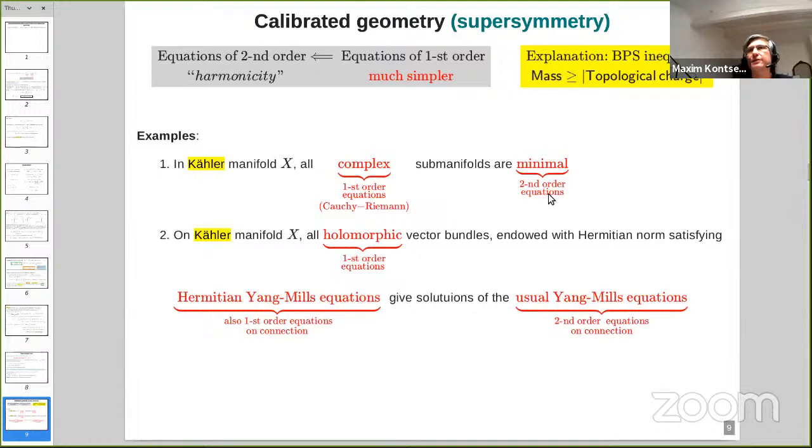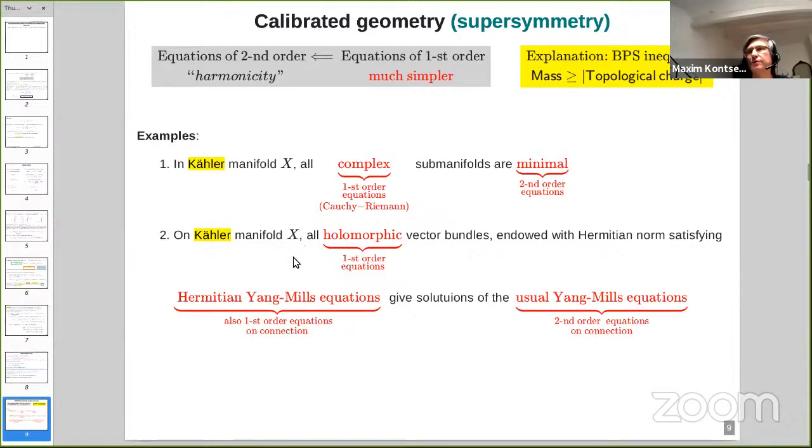Now that's literally calibrated geometry, and if you consider complex dimension 1, it will be these minimal surfaces given by complex curves. And another situation is similar, but now consider bundles on a manifold, and consider a Kaehler manifold, and consider first holomorphic vector bundles.